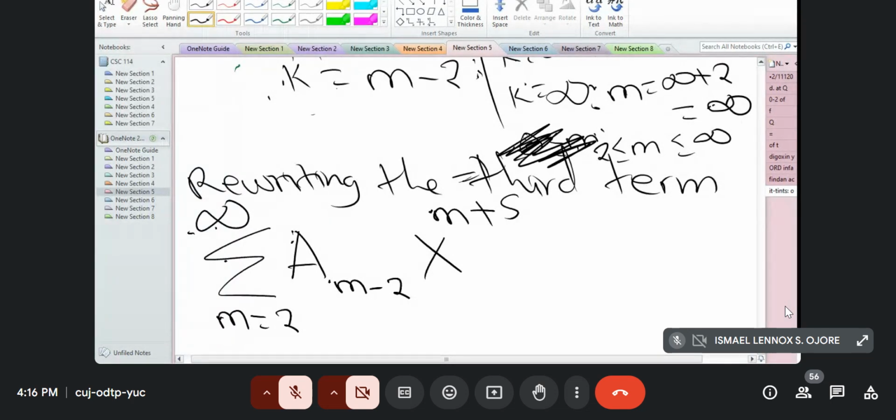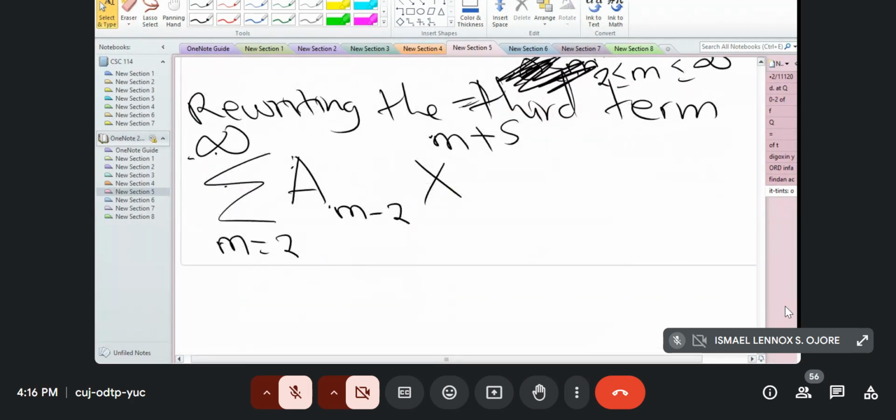So you have the third term reducing to summation m is 2 to infinity. Is this all we have, or are we missing something? We had an a_k times what times what?